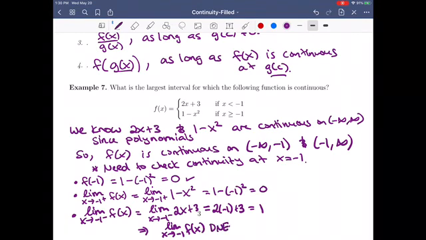So we would say f of x is continuous on the interval. When we have multiple intervals that don't overlap, we use a capital U symbol to put them together.